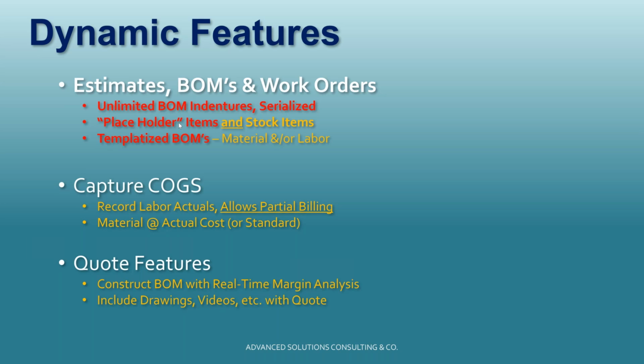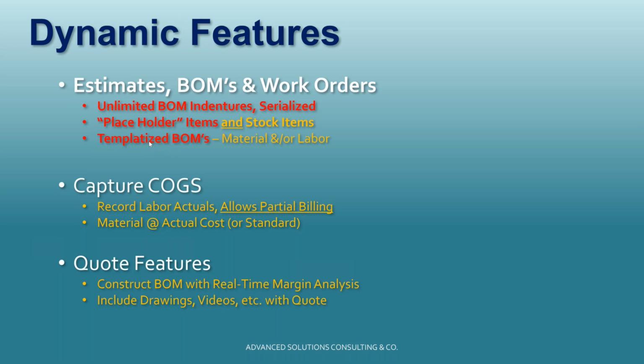Often in the job shop and engineer to order, you quote something and the prospect doesn't buy it, and so you don't want to fill up the Acumatica item master with items that are not purchased. So we have what's known as placeholder items. These placeholder items can interact with stock items, meaning that you can put into a bill of material both placeholder items and items that come out of the Acumatica inventory ID.